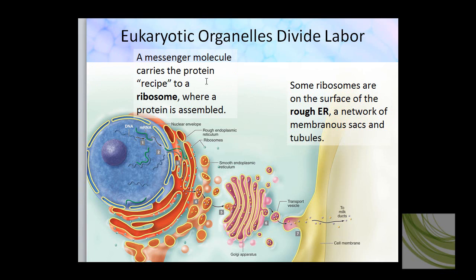A messenger molecule carries the protein recipe to a ribosome where the protein's assembled. The ribosomes basically exist out here in the plasma of the cell, or the cytoplasm or cytosol. And so in the nucleus, little proteins are made that can make products.